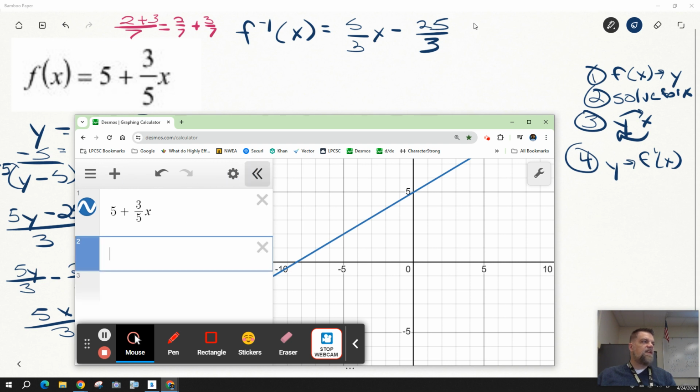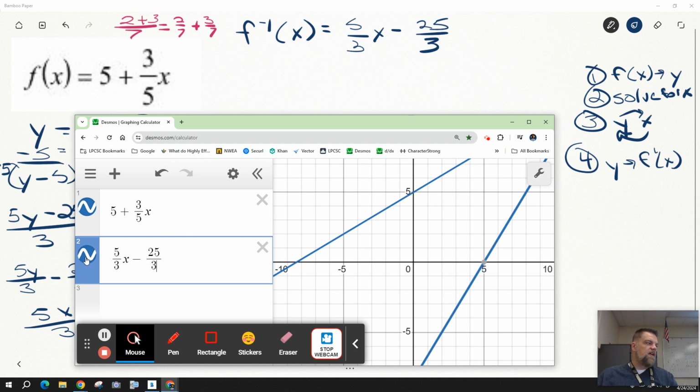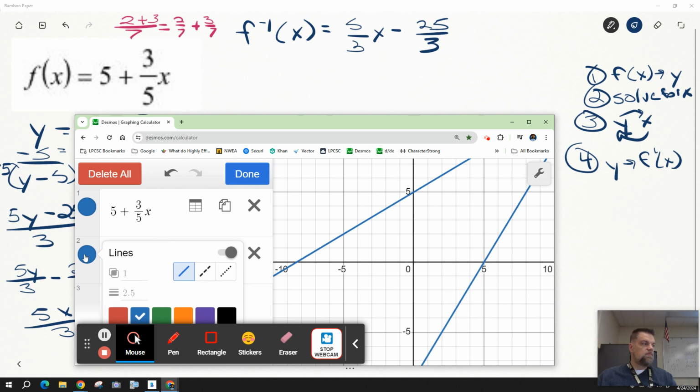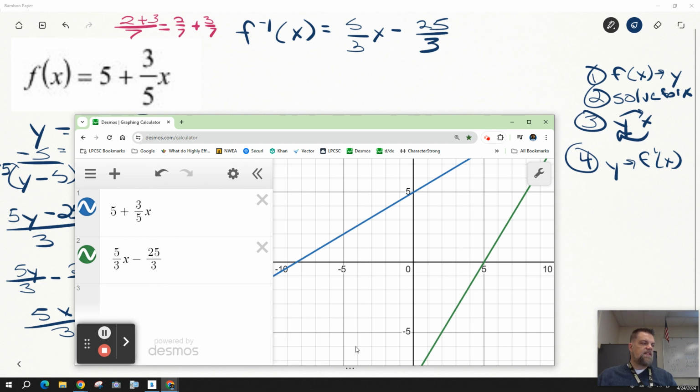Then I'm going to graph the inverse, which is this up here, and if I was smart I would have done this in green instead, but that's okay. So then I have 5 divided by 3 times x, and then we say minus 25 divided by 3, and we'll put that one in green. And we'll leave it like that.